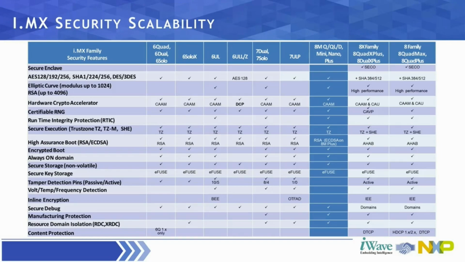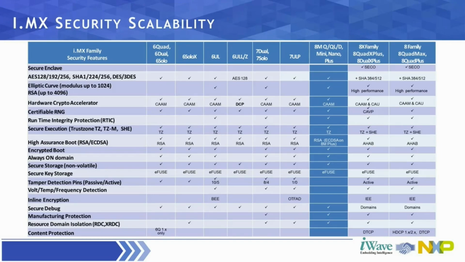So if you look at it, you have a variety of security features that help prevent the attacks that I just talked to you about. I'll go over them in more detail. But if you look at that, we have all our cryptographic accelerators. We do have RNG. We do have runtime integrity checkers. We do have trust zone.